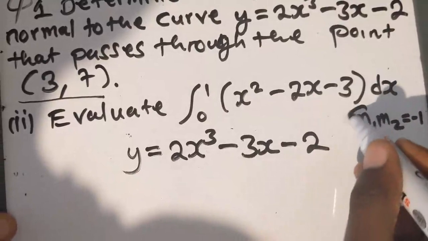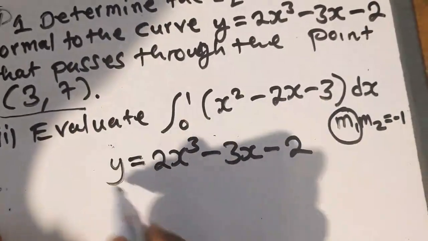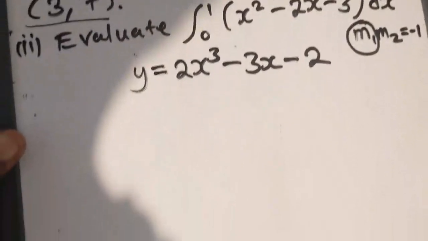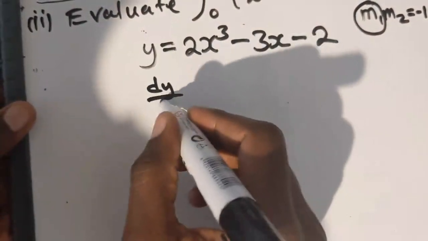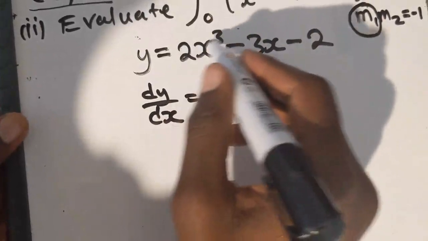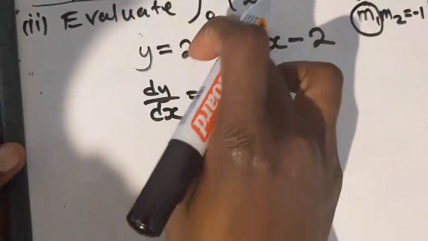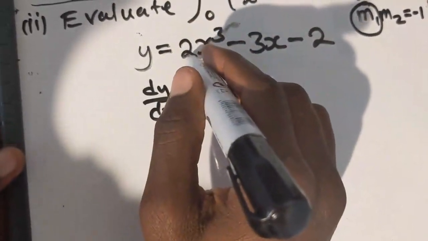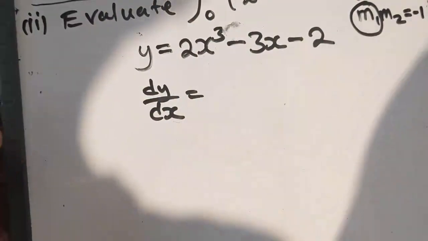For you to find m1, you need to differentiate this equation that we have here. So you're going to say dy/dx, we are differentiating this, is equal to... when you're differentiating, it means that you multiply the power by the coefficient, then you subtract 1 from the power.